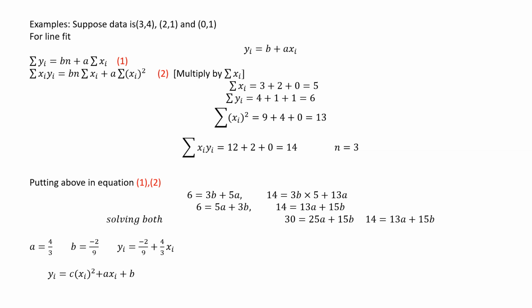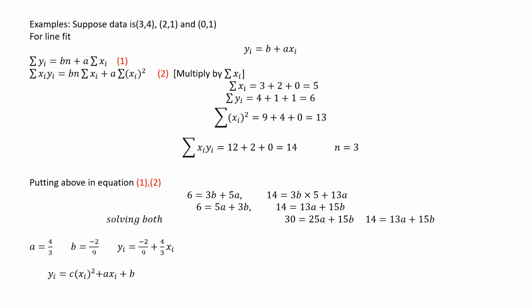If you see the data 3, 4, 2, 1, 0, 1, summation xi will be 3 plus 2 plus 0, that is 5. Summation y means 4 plus 1 plus 1, that is 6.